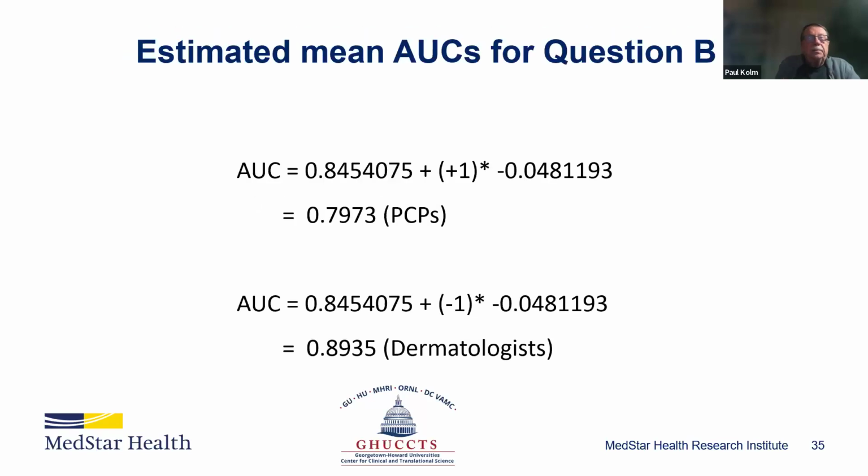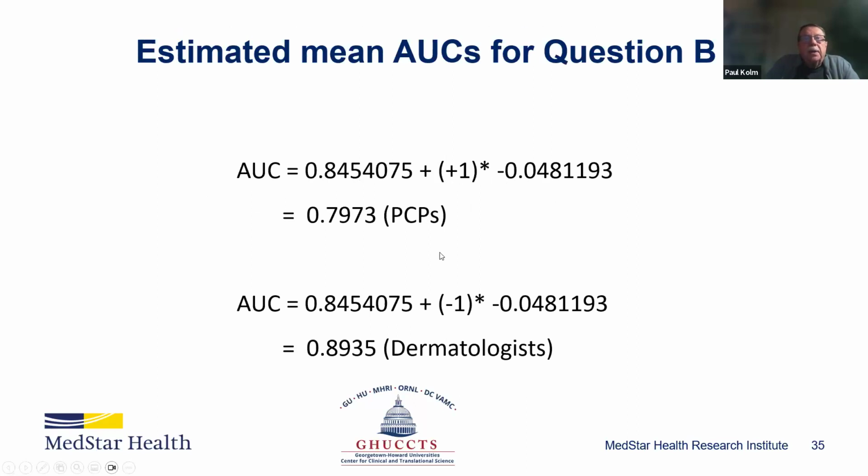And so when we solve our equations, this is the first one here, the 0.845. Remember, that was the intercept. And then the minus 0.048, that was our regression coefficient for physician type. And so if we have PCPs, then it'll be this plus 1.